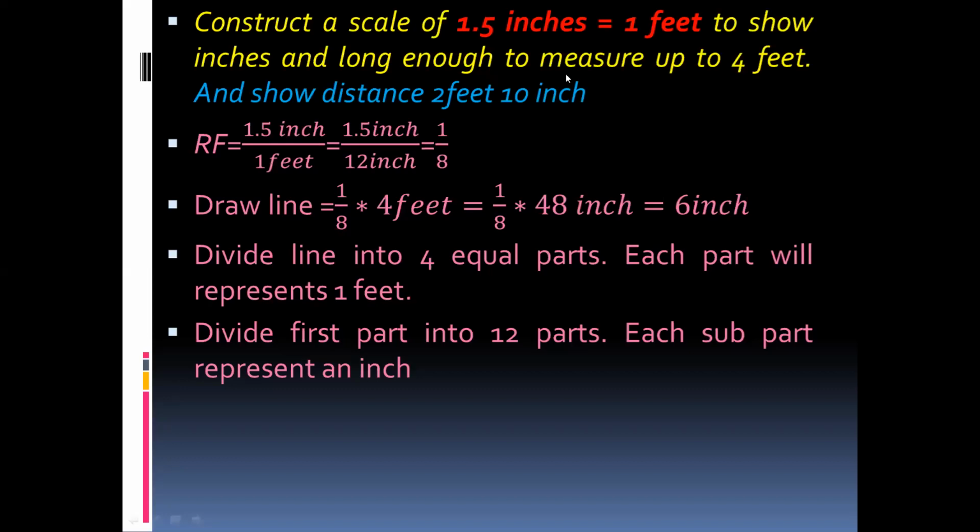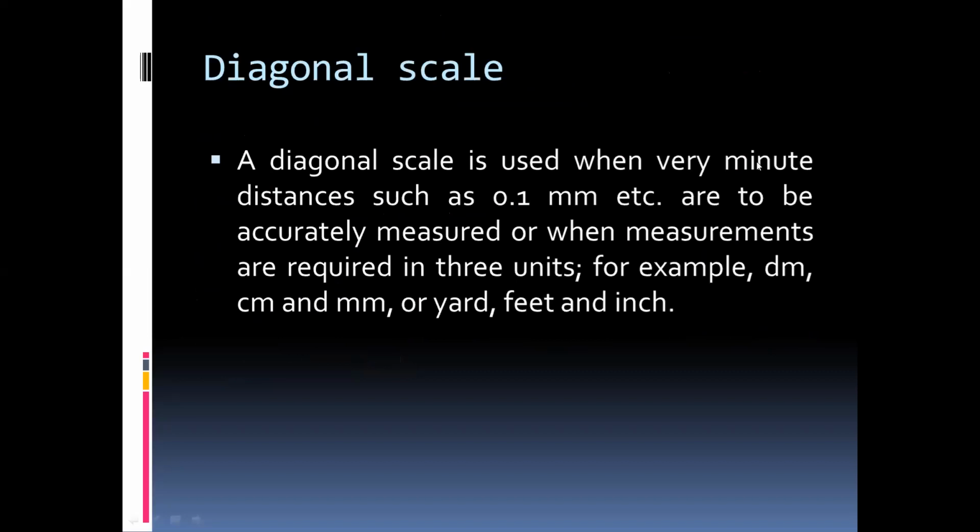So now we will discuss the second type of graphical scale, that is a diagonal scale. What is the meaning of a diagonal scale? A diagonal scale is used when very minute distances such as up to 0.1 mm are to be measured accurately, or when measurements are required in 3 different units.